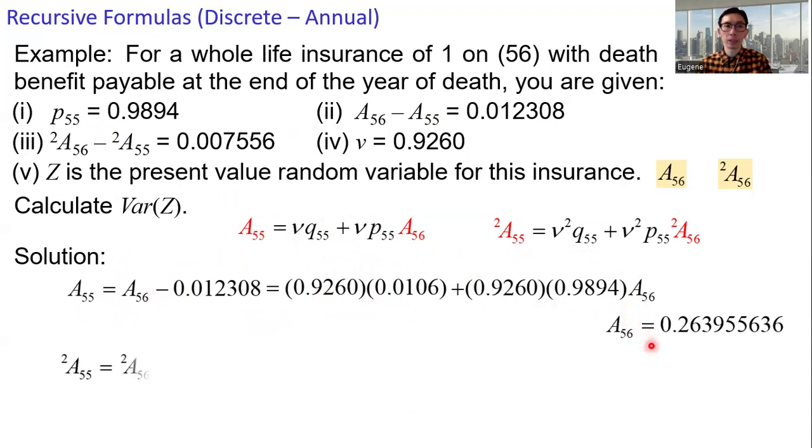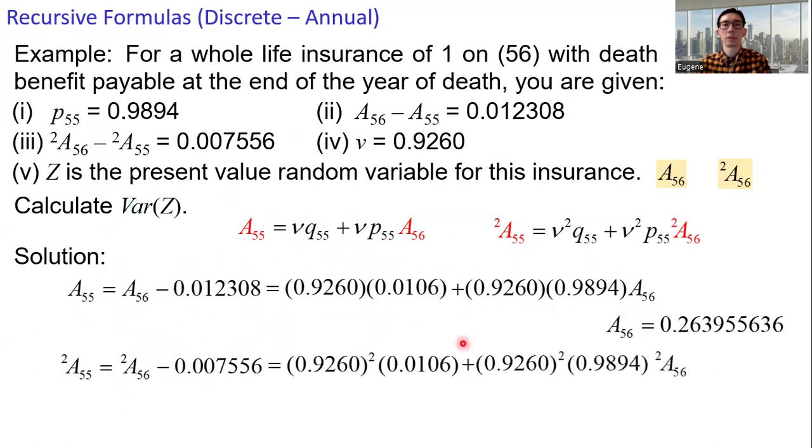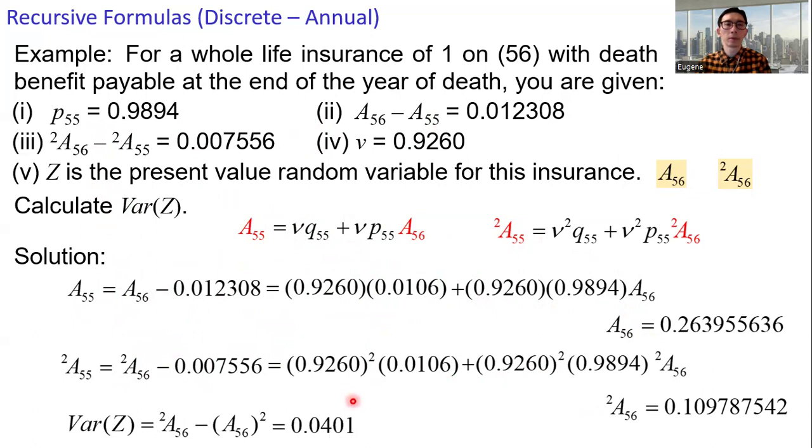Similarly, for the second moment, the expression here from information number 3, together with the recursive formula, we get the second moment. And then the variance is 0.0401.